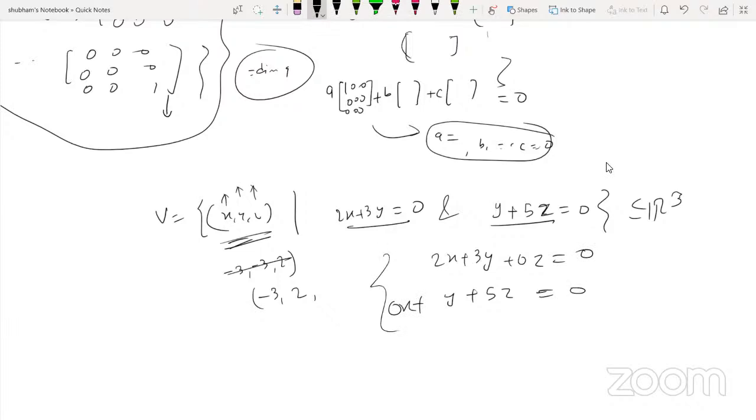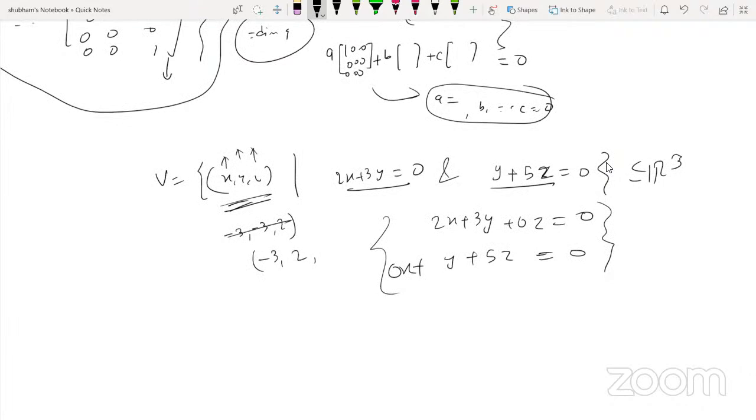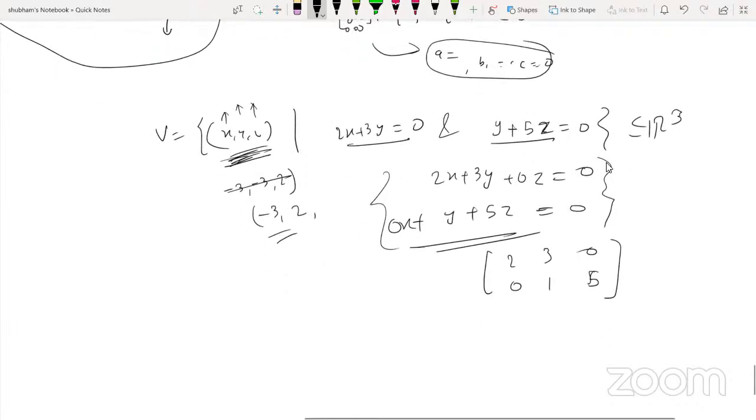So vectors will come which satisfy these two equations. Solve these equations and you will get vectors. The matrix is going to be 2, 3, 0 and 0, 1, 5, and actually this system has infinitely many solutions.